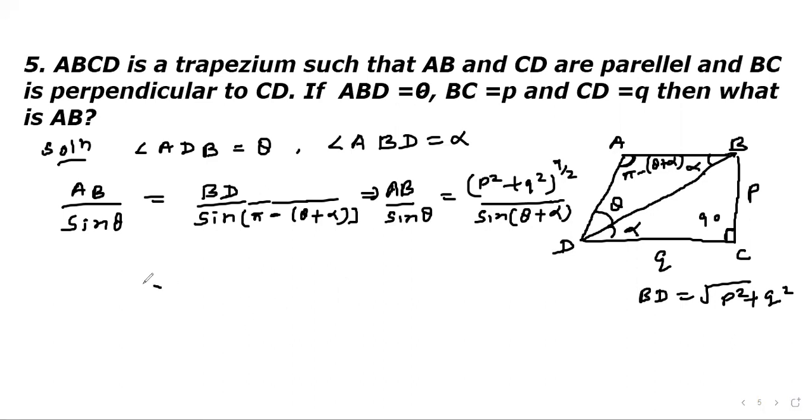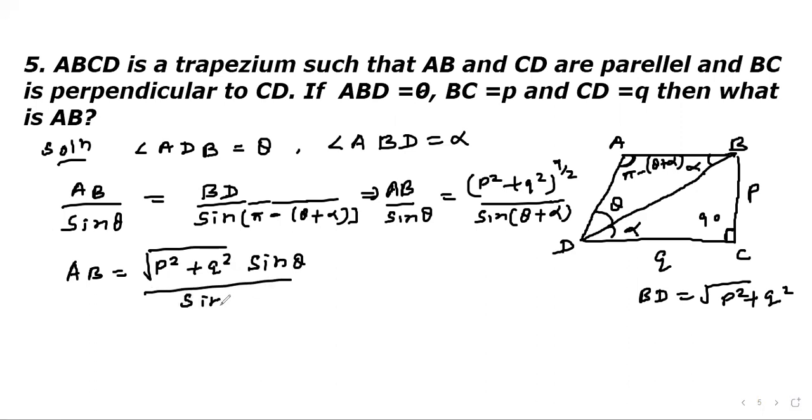Now it will give AB equals square root of (P square plus Q square) times sine theta whole divided by sine (theta plus alpha).